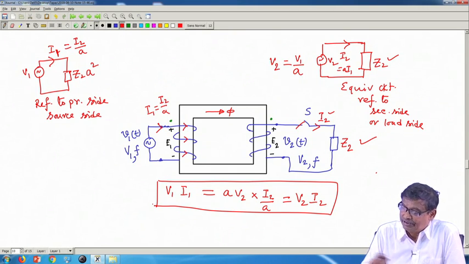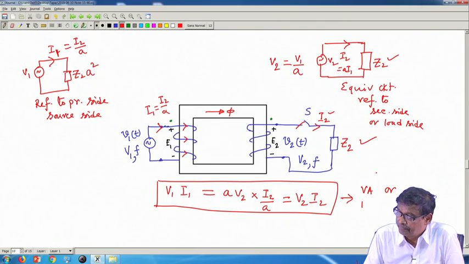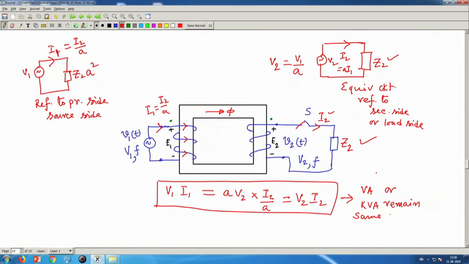So this is called volt ampere or kVA remains the same on both sides, and currents and voltages are related by V1 equal to A V2 and I1 equal to I2 by A. And what is A?